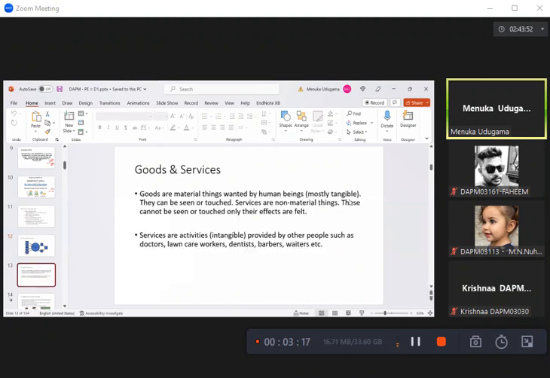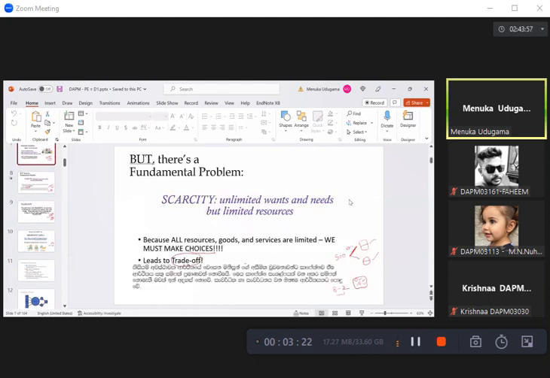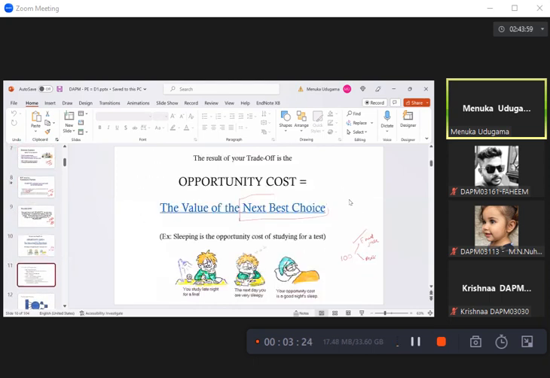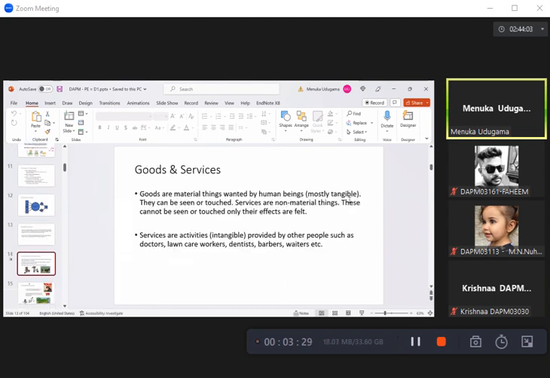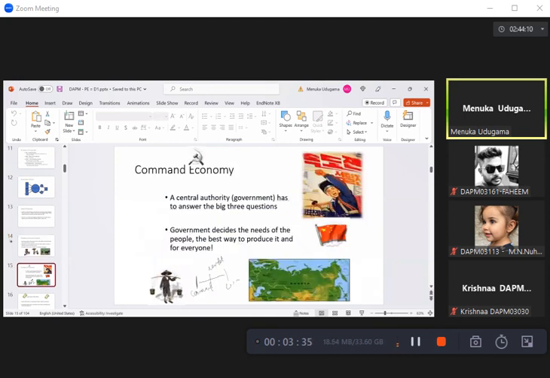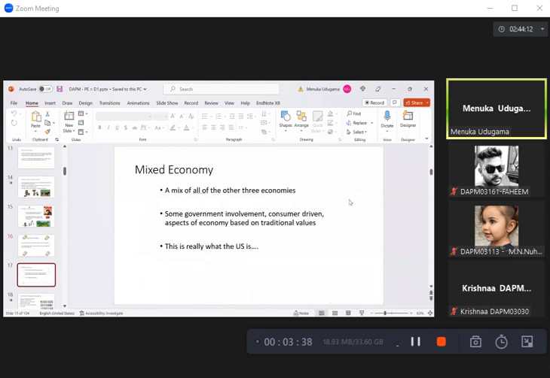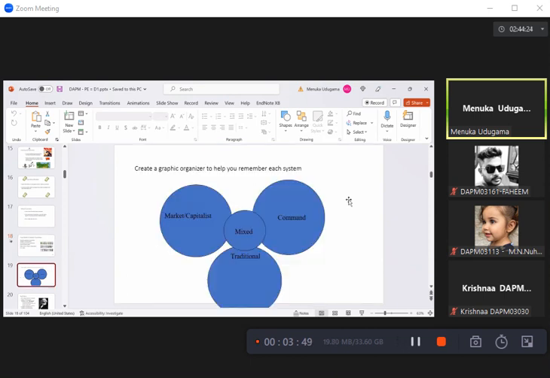Depending on who owns these factors of production and who answers these three key questions, there are economic systems in the world. We looked at four key economic systems: the traditional economy, the command economy, which is one extreme, the capitalist economy, and the mixed economy, in which you see characteristics of both the command economy and the capitalistic, or market, economy.